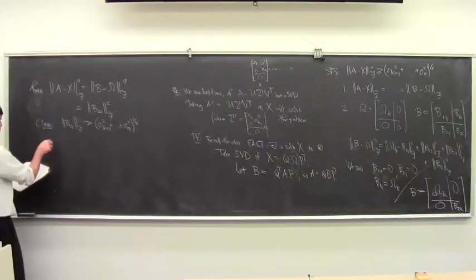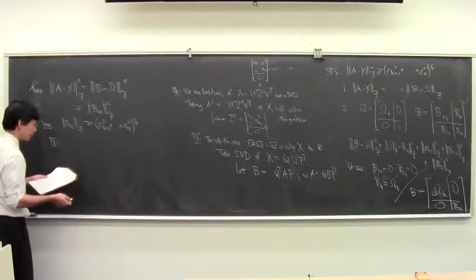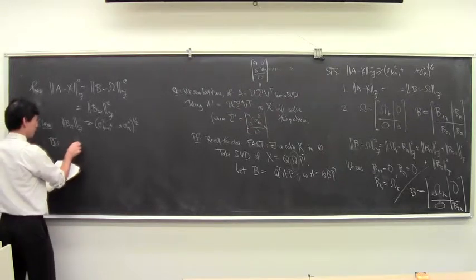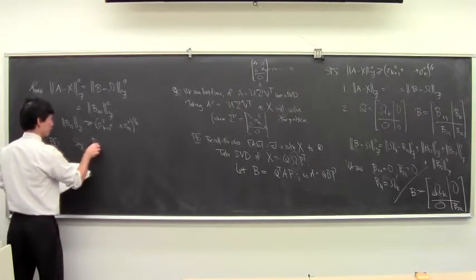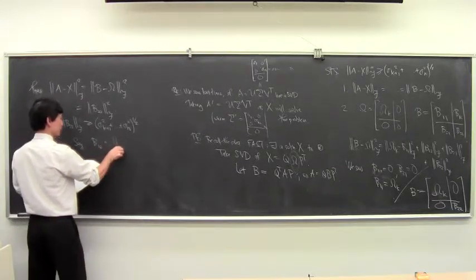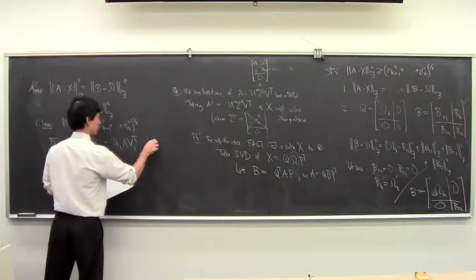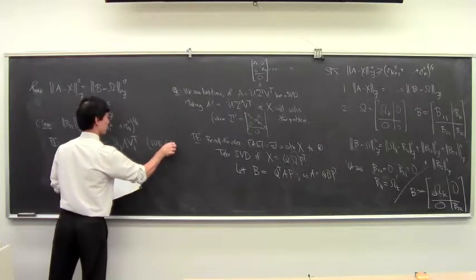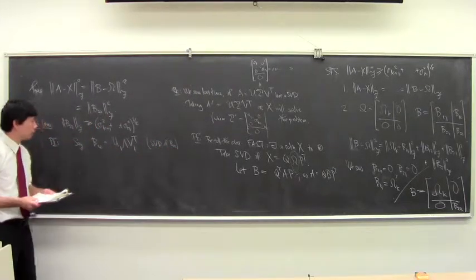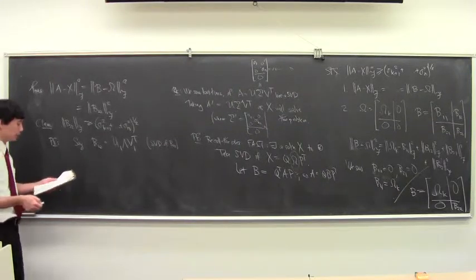So here's the proof. We'll use the singular value decomposition again. Say that B22 has a singular value decomposition that looks like this. Suppose that B22 has a singular value decomposition.